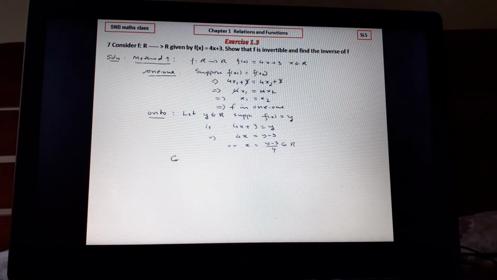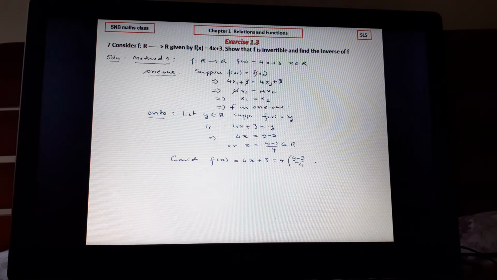Now consider f of x. This equal to, by definition, 4x plus 3. Now substitute what is x: 4 into (y minus 3) divided by 4, plus 3. So 4 and 4 cancel, and y minus 3 plus 3 is y.